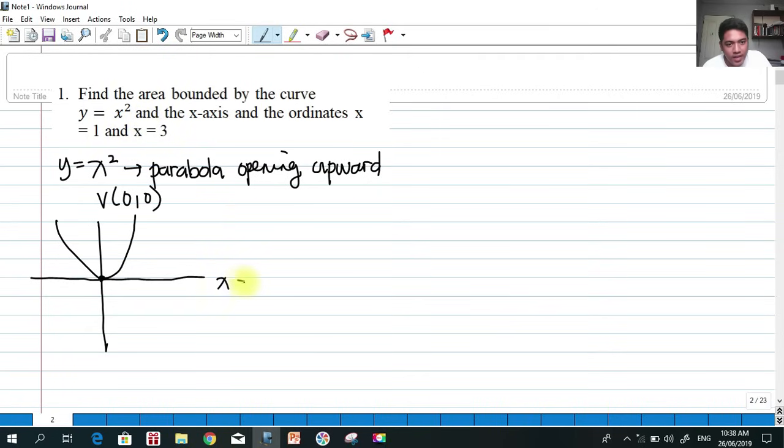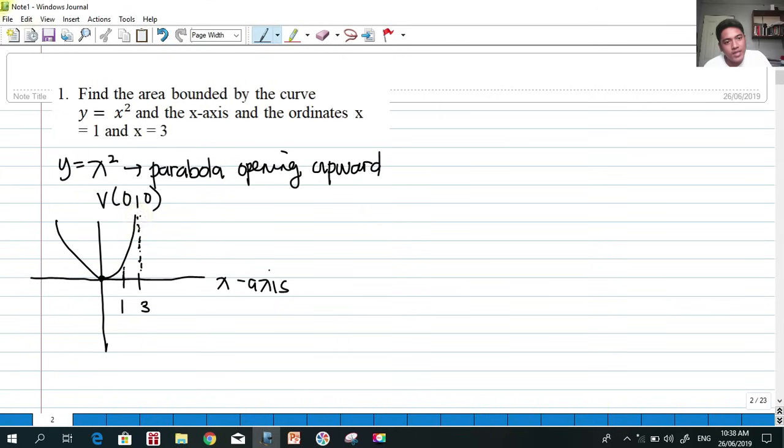Here is the x-axis, and the ordinates x is equal to 1. Let's say this is x is equal to 1, and this is x is equal to 3. My labels are not drawn to scale.